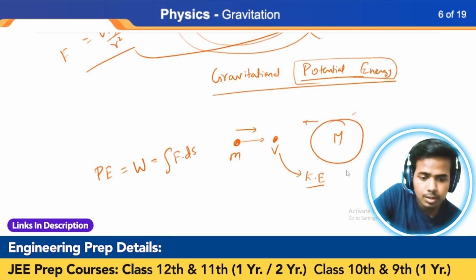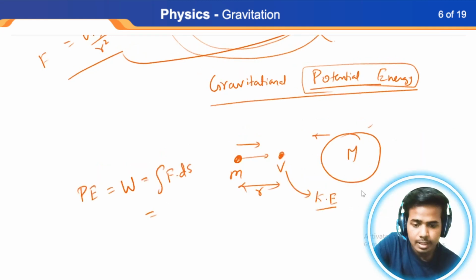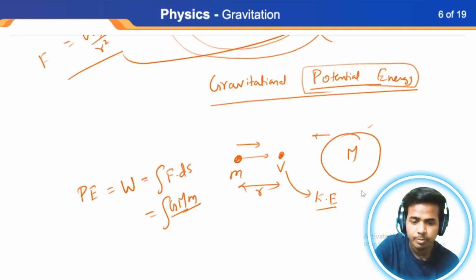Let's say it has moved a distance r. Then what we have over here is, what was that? G capital M small m divided by r square into dr. What's the integration of this one?